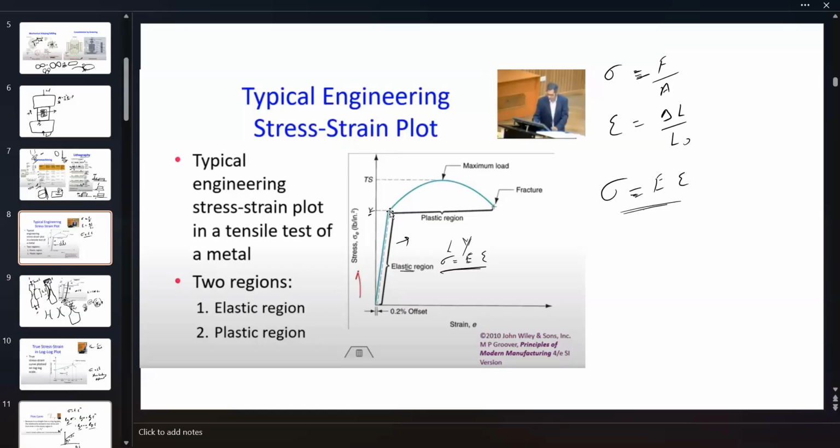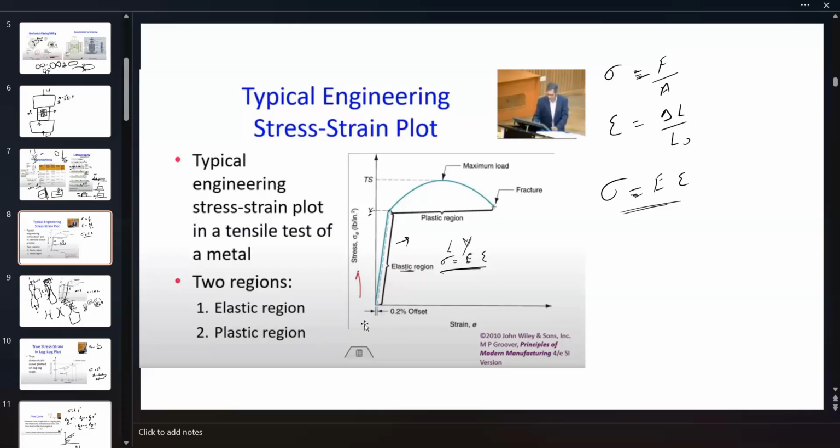However, once it reaches the plastic region, so your stress is above this deformation limit, let's call it Y. Above this stress, once you remove the stress, there is permanent deformation inside the sample. This is called yield strength, the point where plastic deformation starts to happen.